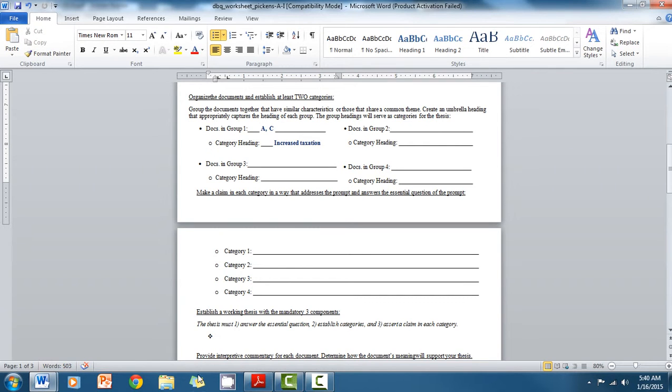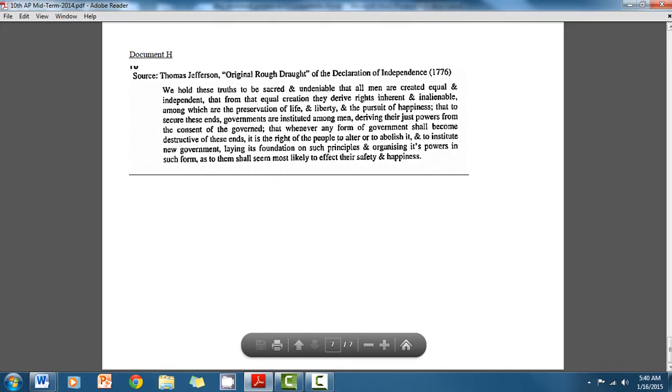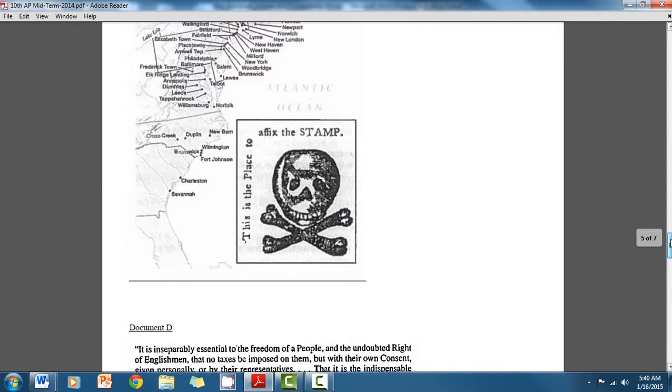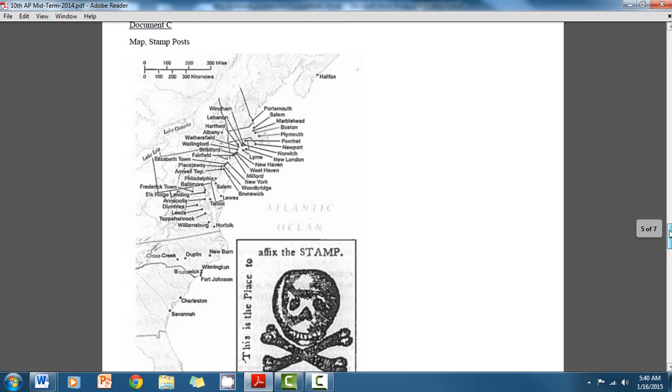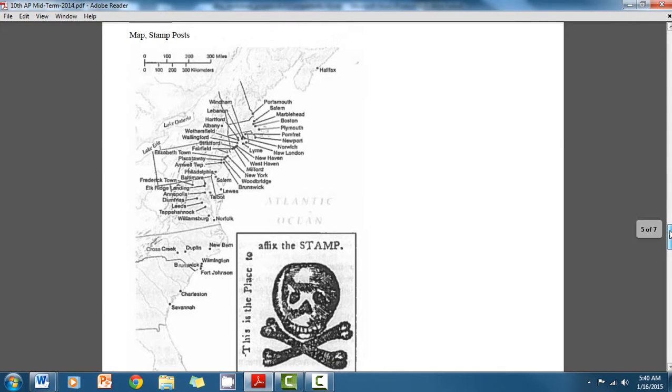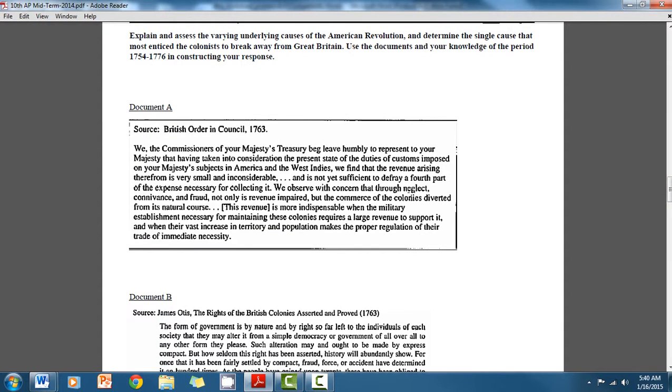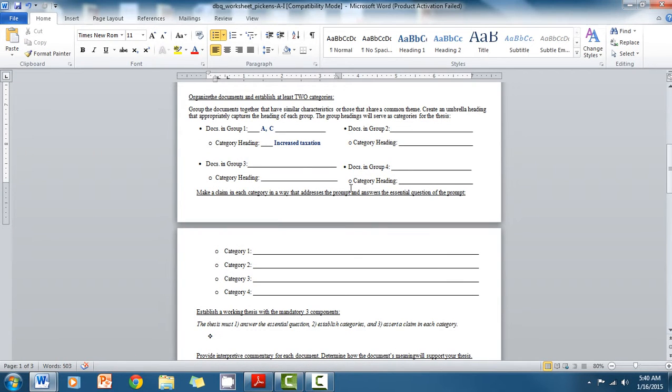When you go back up to documents A and C, there is the picture of the stamp posts, and also the British Order in Council, which was justifying why increased taxes were being levied. They use the reasoning of military protection, but whatever the reason, the taxes are still going up, and so that seems to be a factor in colonial America.